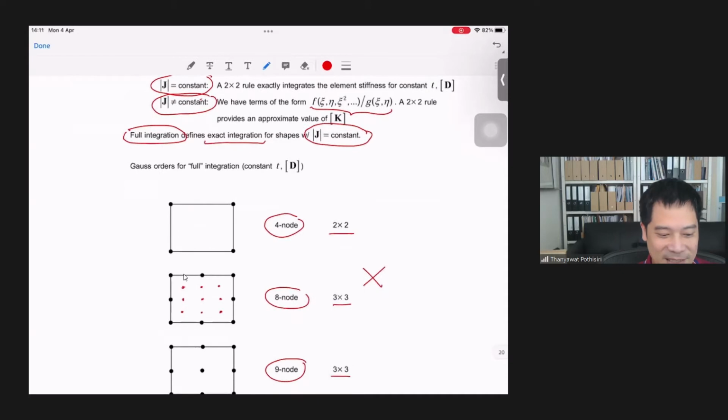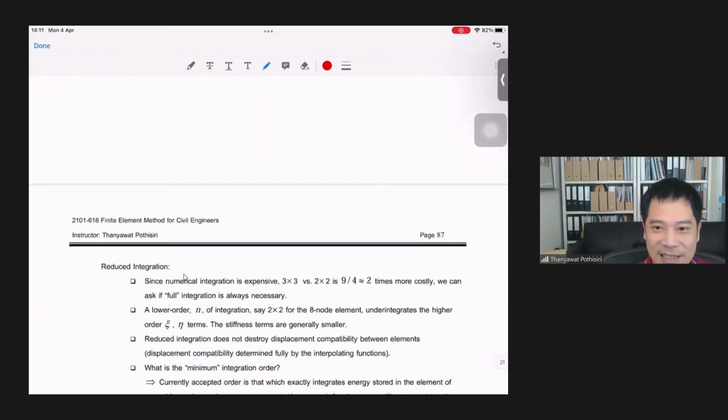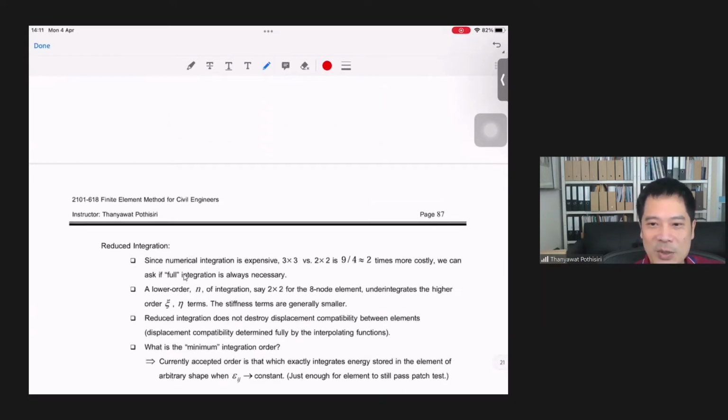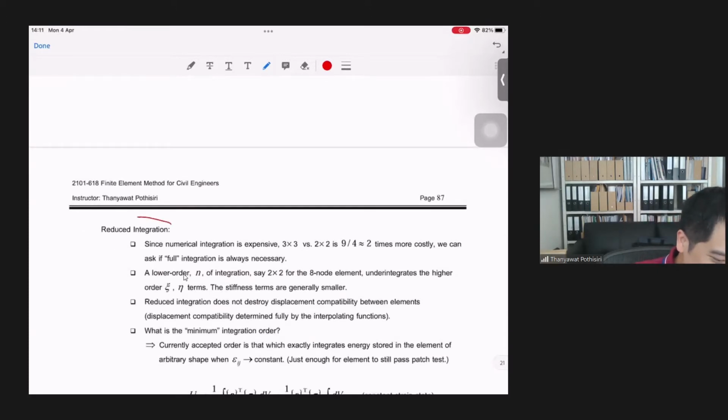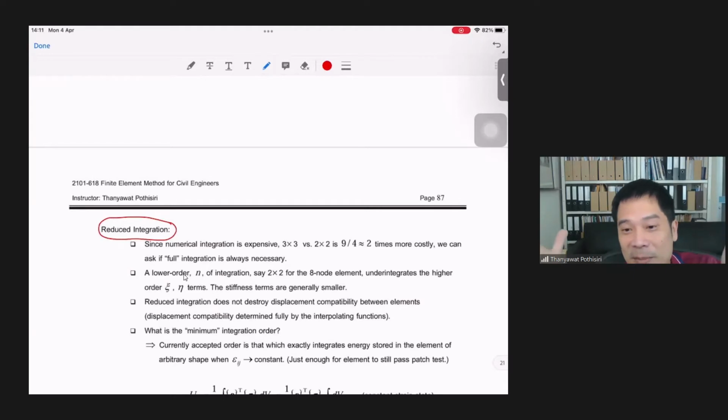People would prefer using what we call reduced integration. For example, instead of using 3x3 points for 8-node elements, people would prefer using 2x2 points. The question is, why is that?